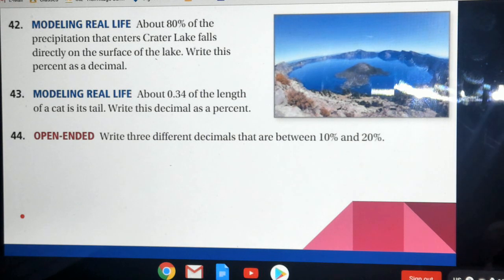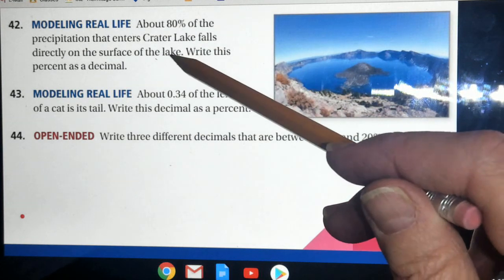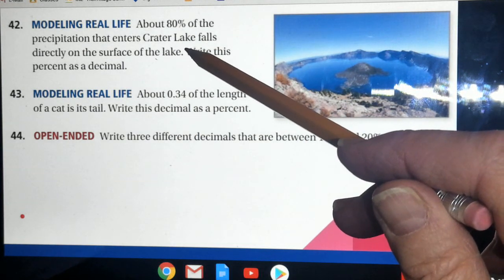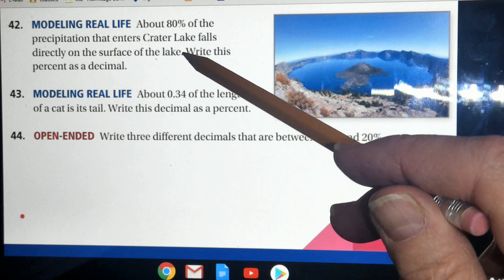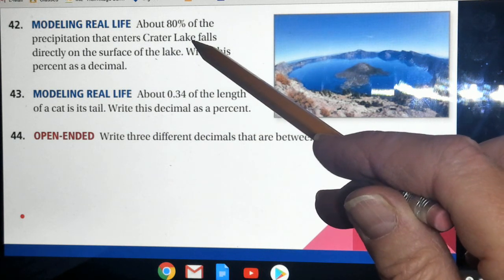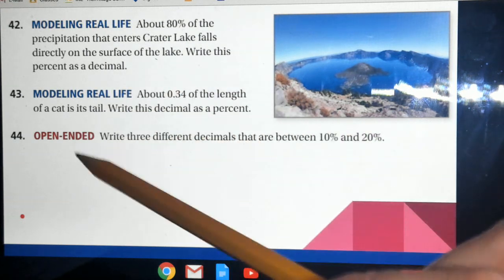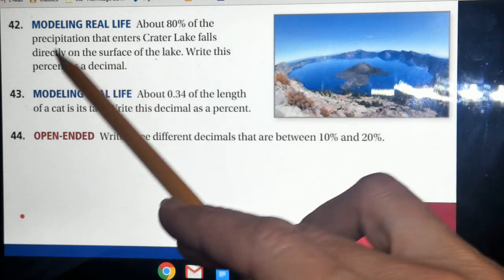I'm sorry, I'm all goofed up. Crater Lake, the precipitation, any of the rain that enters this place called Crater Lake falls directly on the surface of the lake. So write this as a percent.